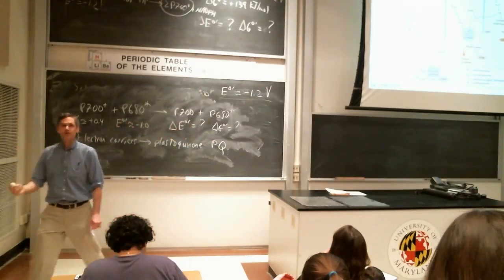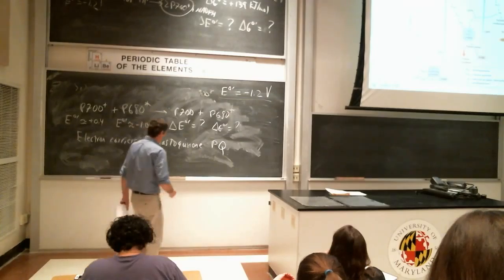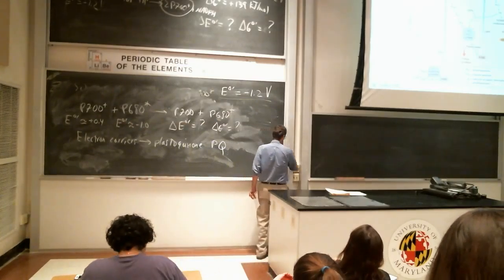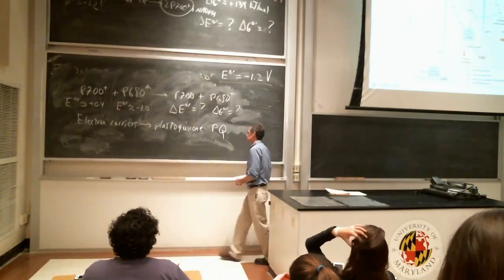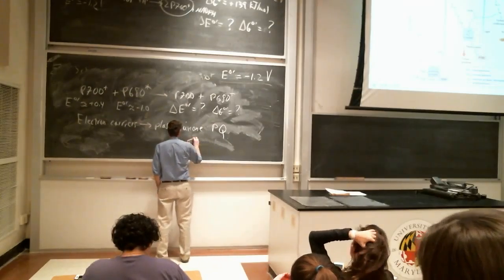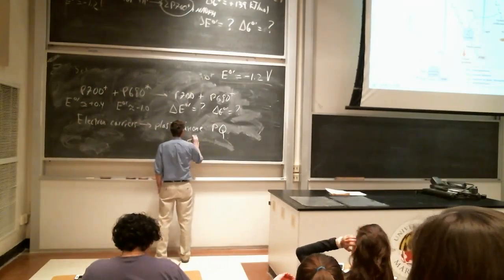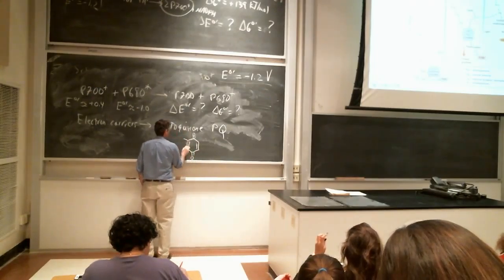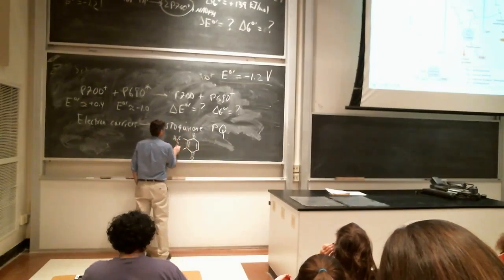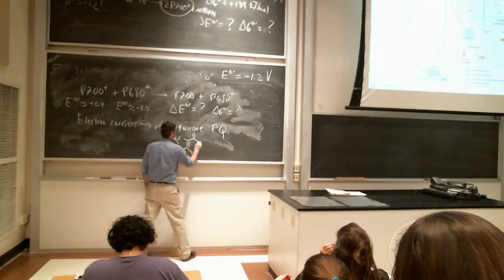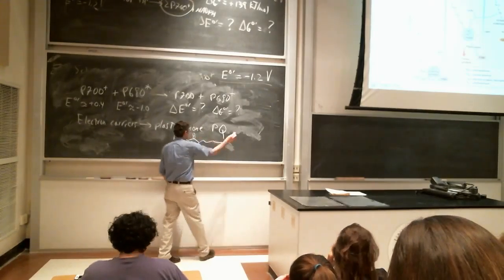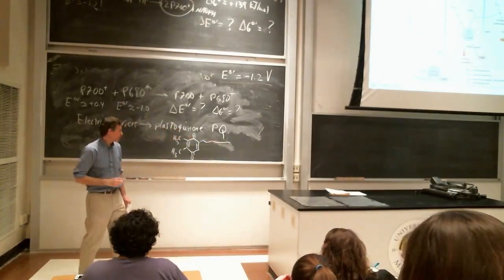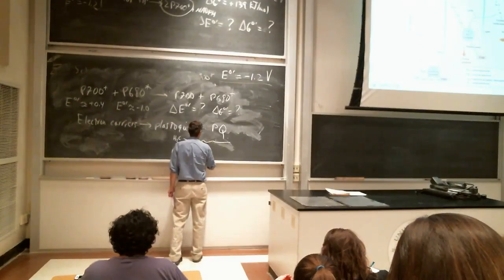So plastoquinone is a type of quinone, and its structure is that it has a 6-membered ring, which can be in the oxidized quinone form, and I believe these are methyl groups. I'll show the structure to make sure. And then there's a hydrocarbon chain, but this is the oxidized form of plastoquinone.